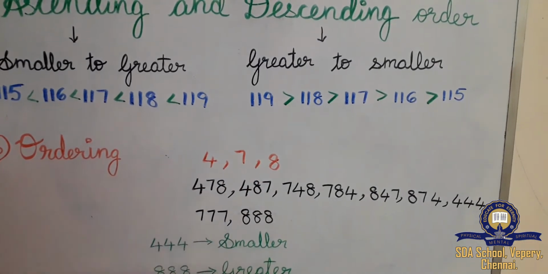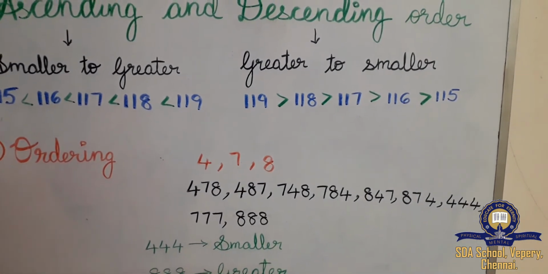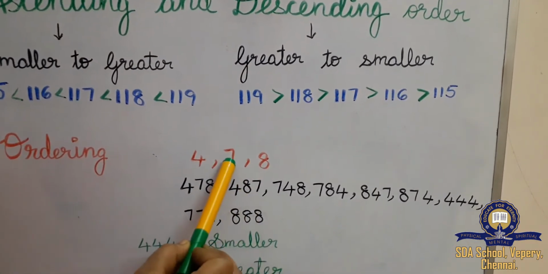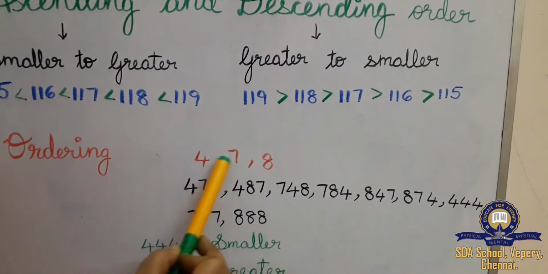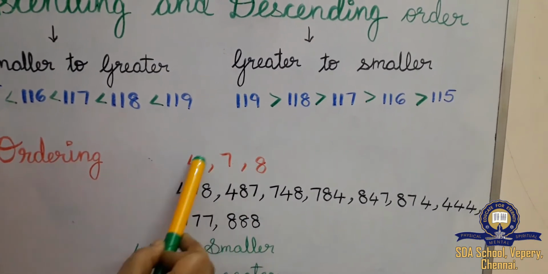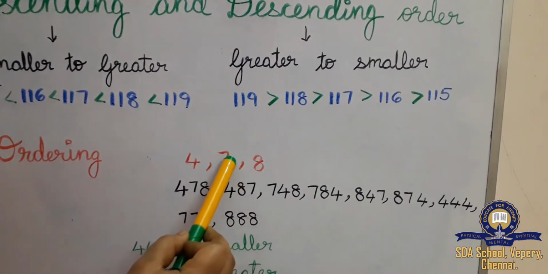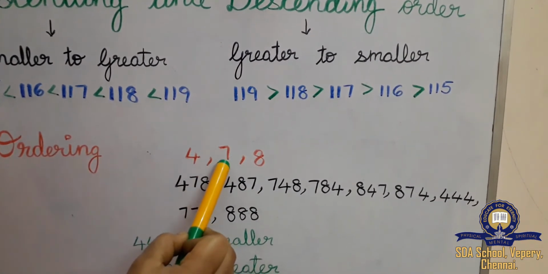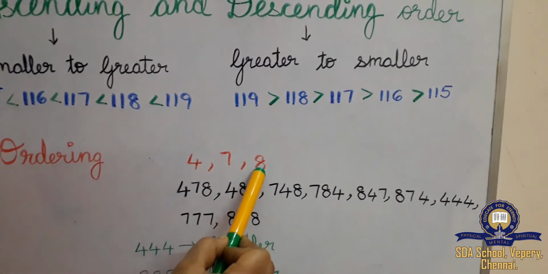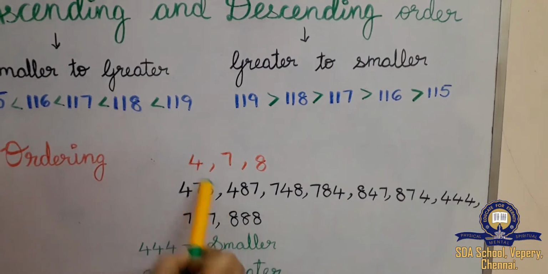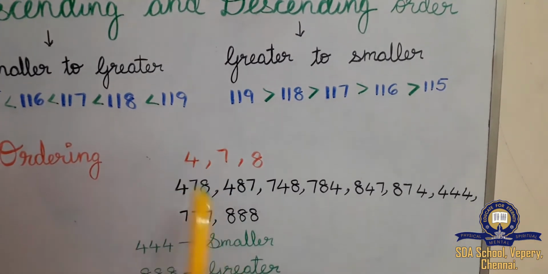So it is 478, 487, okay, and 748, 784, 847, 874, 444, 777, 888. So many numbers are coming using only these three numbers.